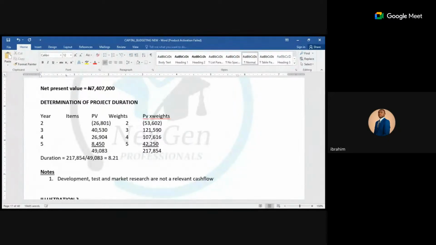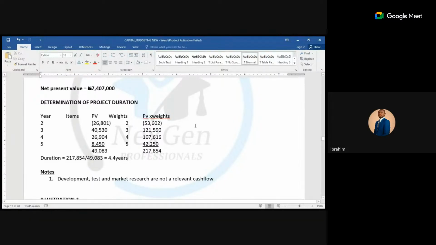What is the duration? 4 years. Okay, 4.4. It will take them 4 years and 4 months to recoup back their investment.